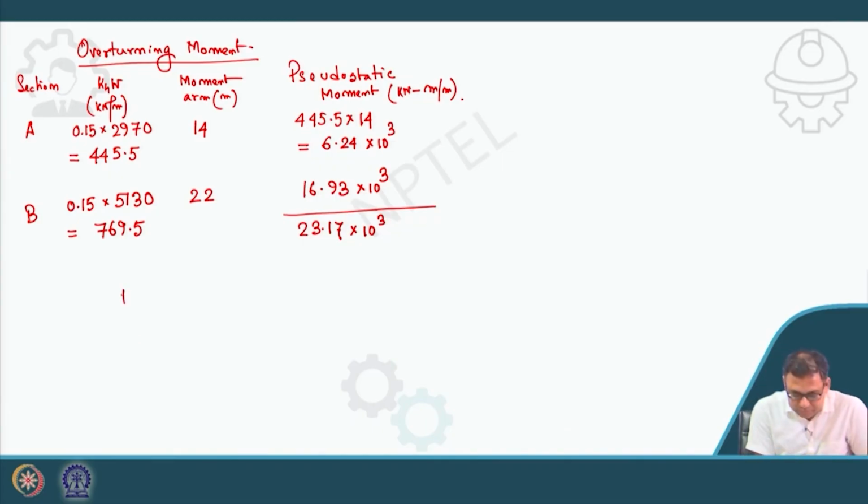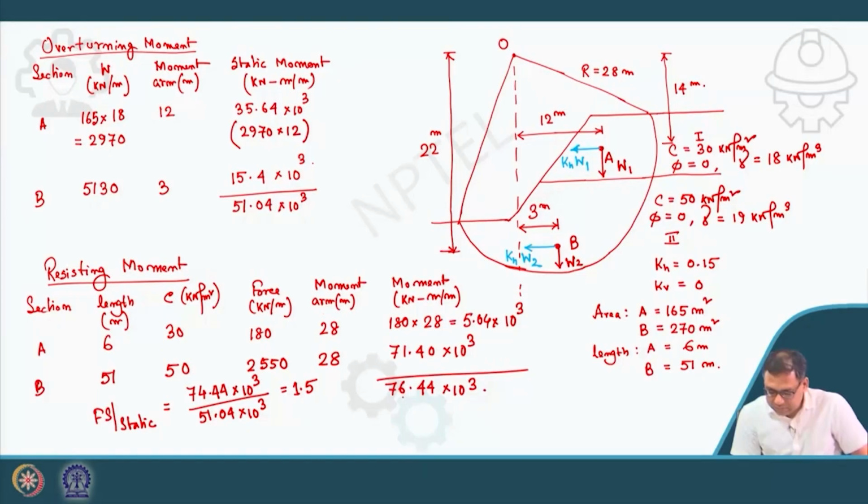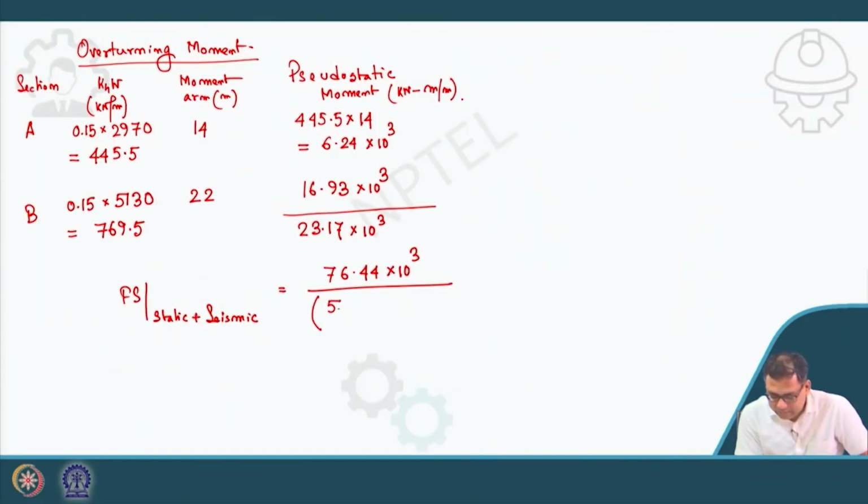So now the factor of safety for static plus seismic, or considering the seismic forces, the resisting moment will be the same as the static case, 76.44 into 10 to the power 3. But the overturning moment will increase. Initially it was 51.04 into 10 to the power 3. So that will act.